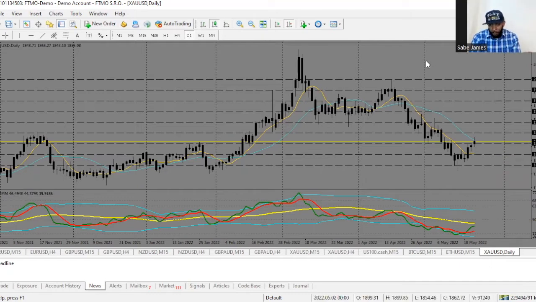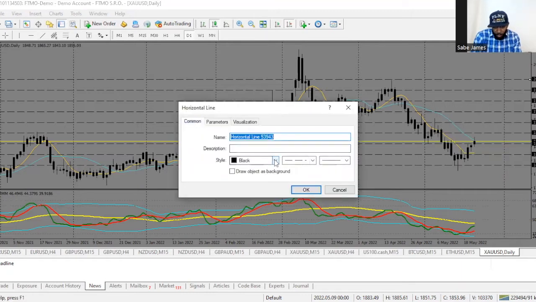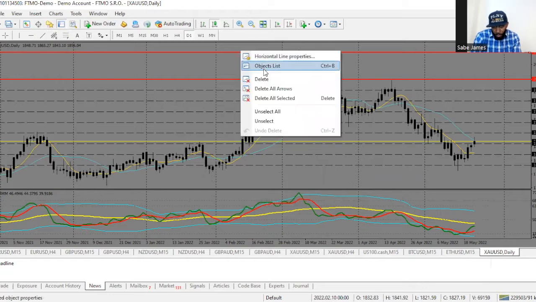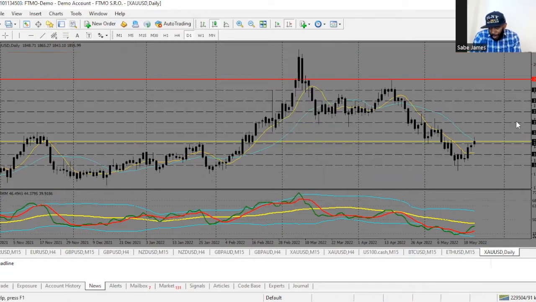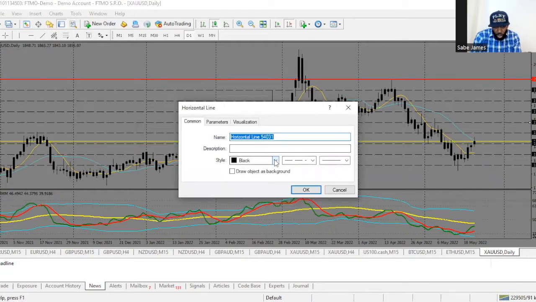Now, let's sharpen these up to give a specific read on what's what. Let's make this red and a solid line and differentiate it from all the rest. That way we know this is a major point. All right, in 1900, let's do the same thing for that, so we can differentiate where the next whole number is.